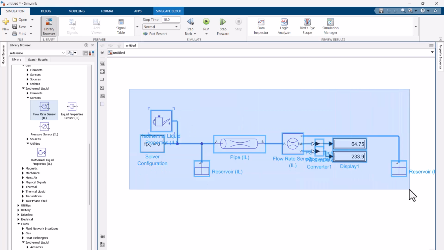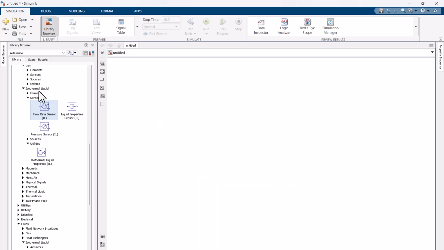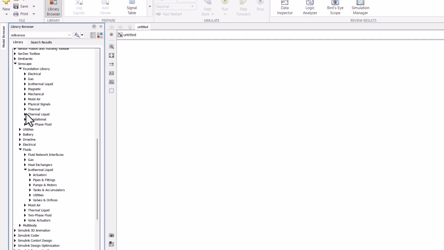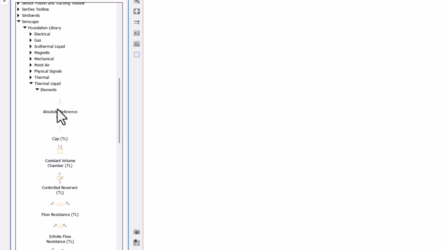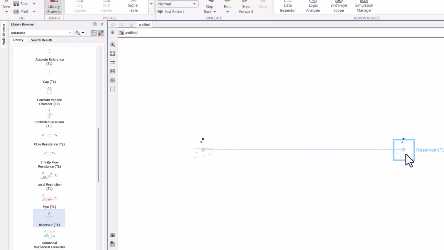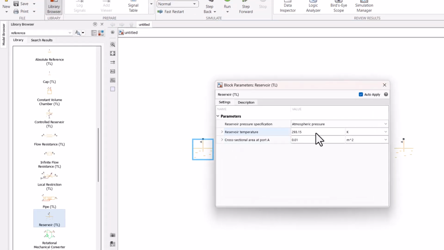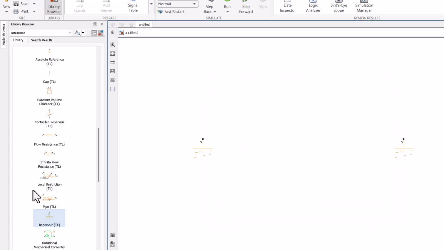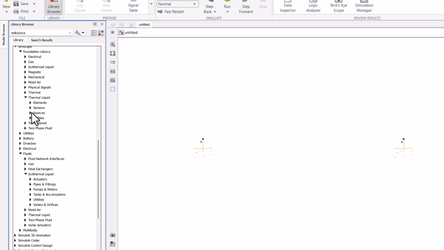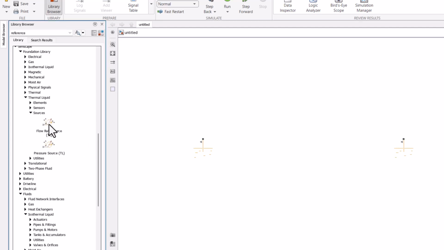Next, I want to talk about the pressure sensors, and let's make a thermal liquid system for that. I again add a reservoir, maybe 2 reservoirs. Both of them are at atmospheric pressure, and currently I'm not going to change the temperature. I want to add a flow rate source.